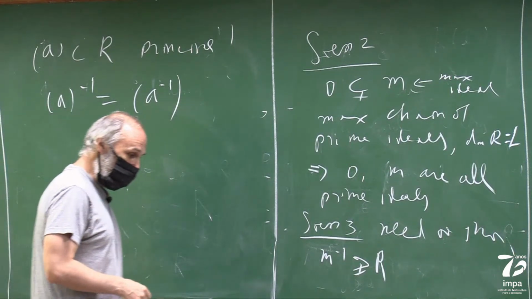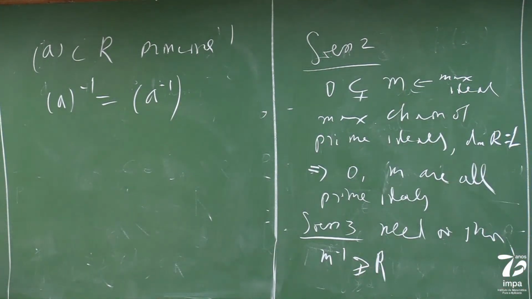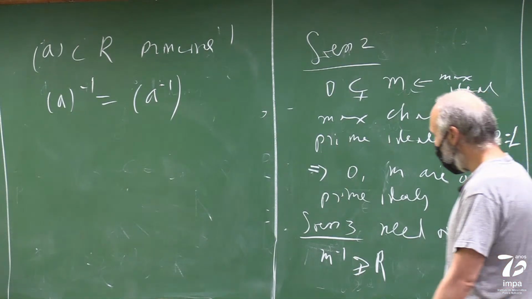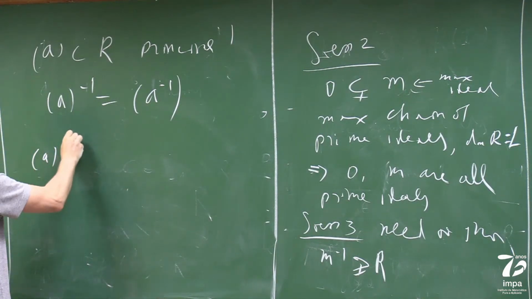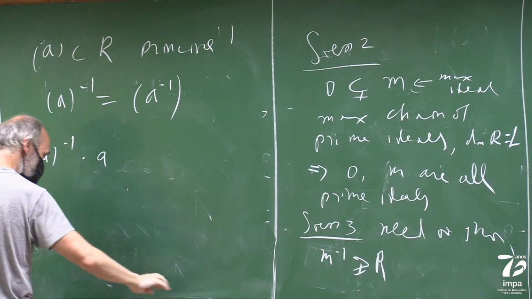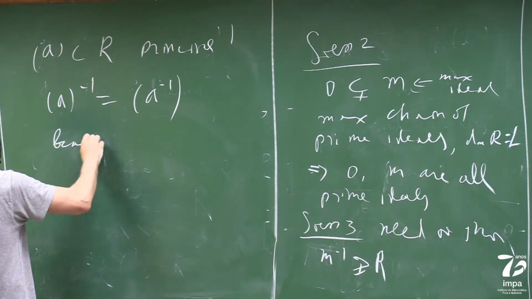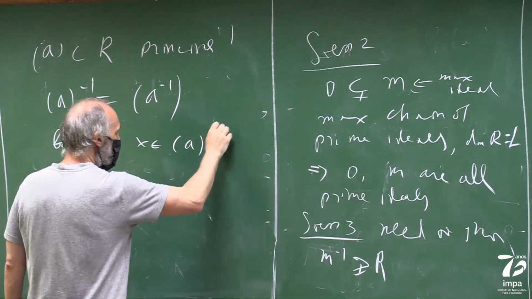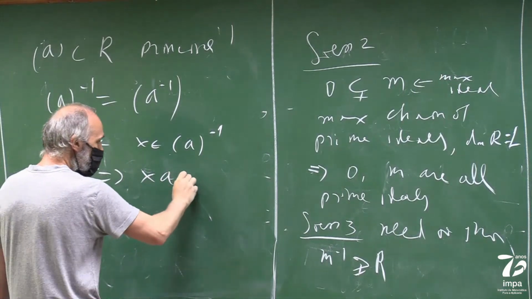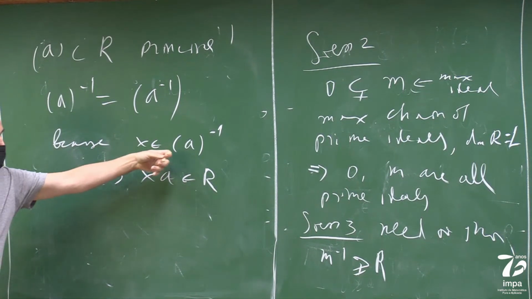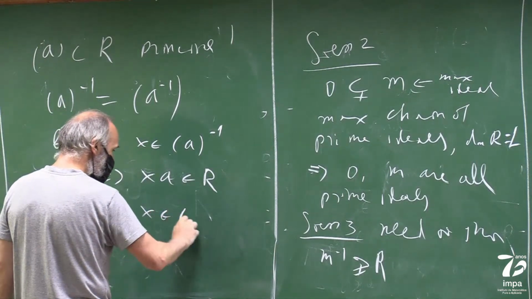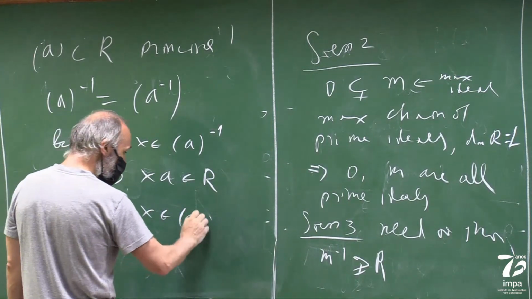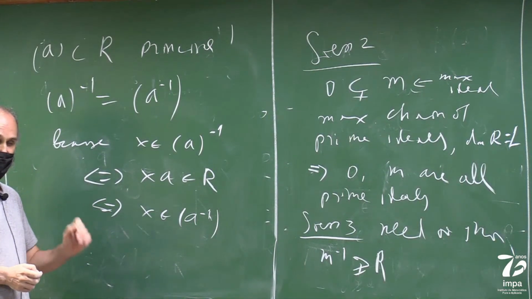If something is multiplied by A and it becomes an element of R, then if X belongs to A inverse, XA belongs to R. This is the definition of A inverse. So X belongs to the fractional ideal generated by A inverse.